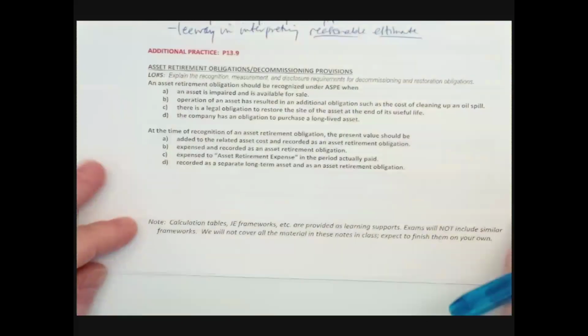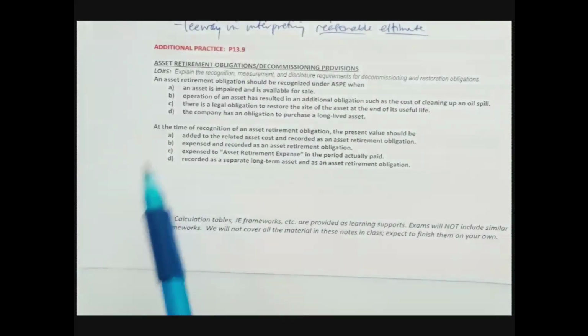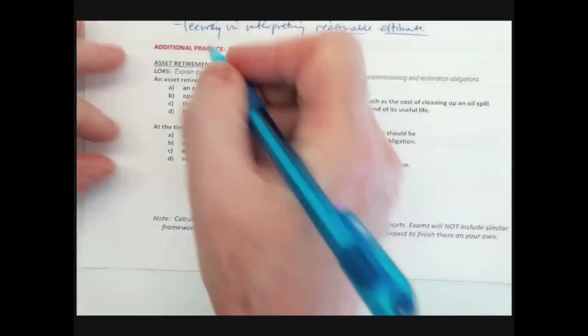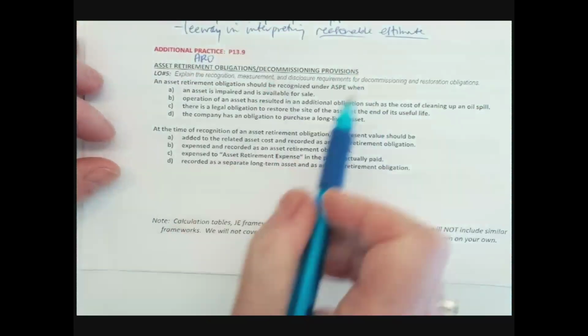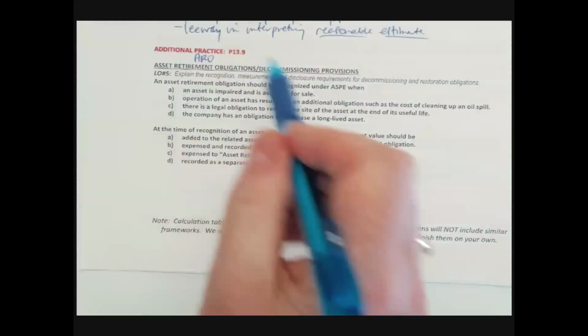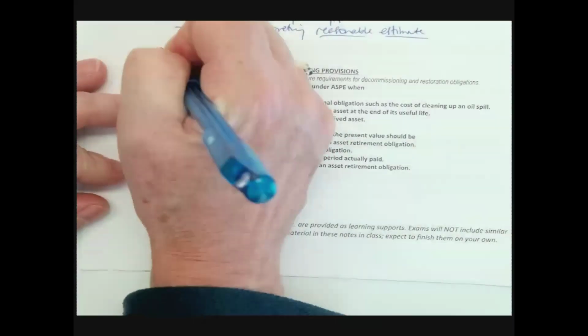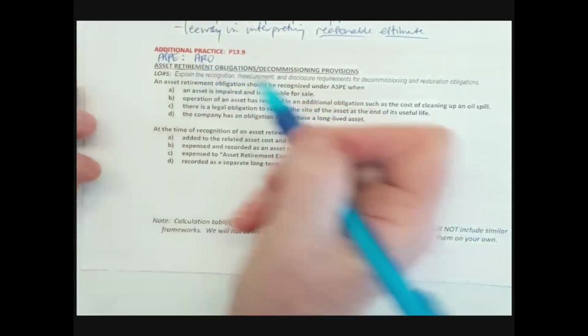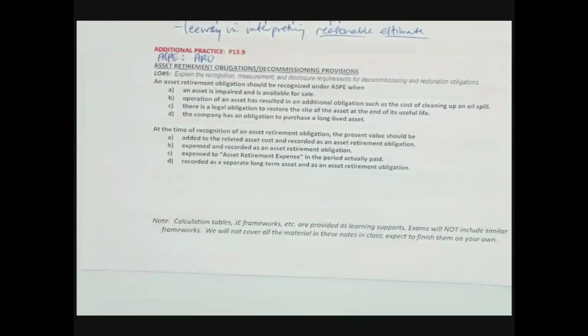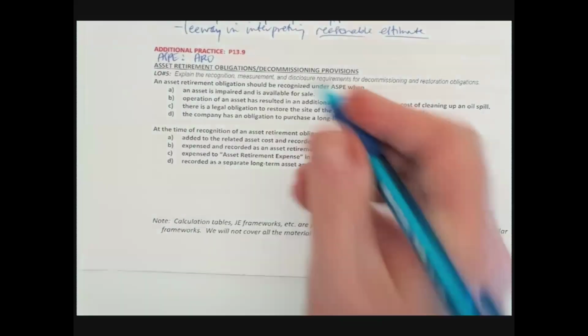Okay. Let's look at AROs, or that's the way it's referred to in ASPE. If you search asset retirement obligation in IFRS, it doesn't exist; they call it a decommissioning provision.